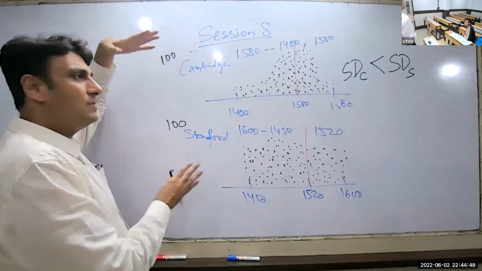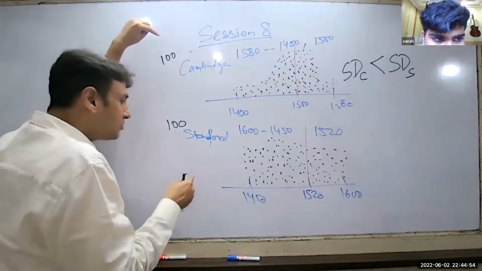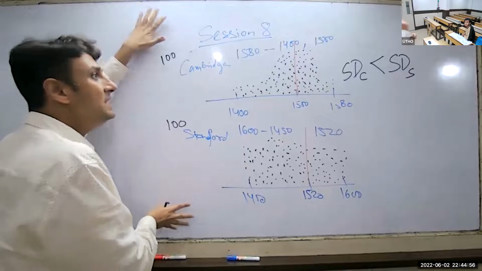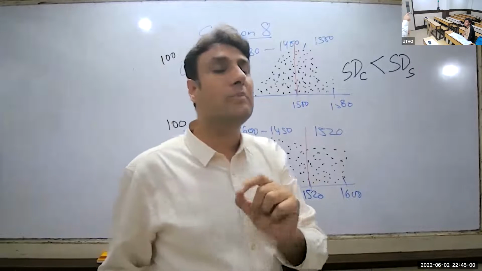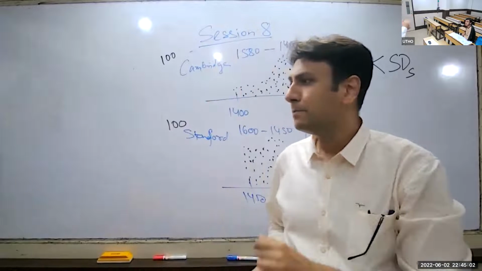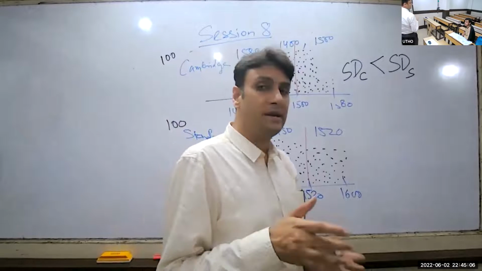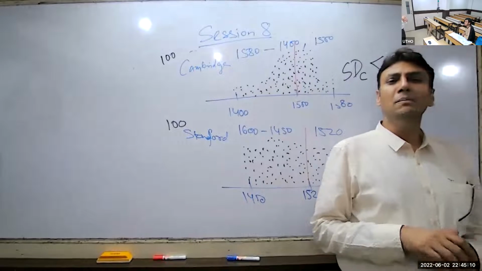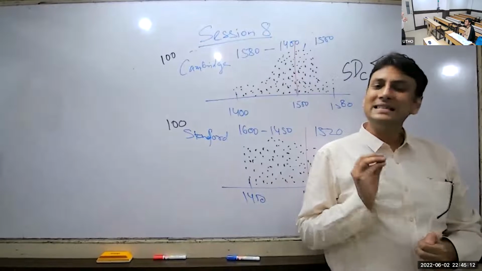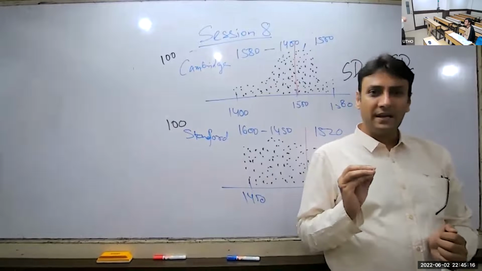Sir, in SAT, do we get a formula sheet? Yes and no. So yes, there will be some standard formula which will be printed on the sheet. For example, mensuration के सारे basic formula, volume वाले for cylinder, sphere, ये सब printed होंगे.